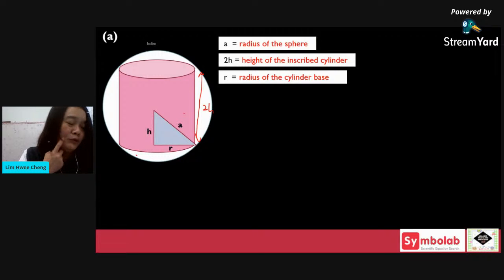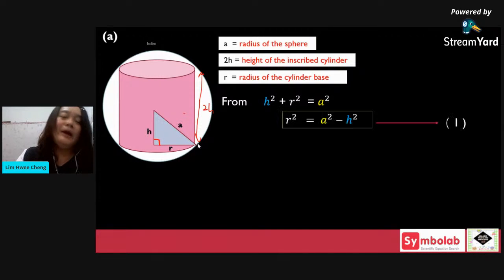So you have to try to convert in only two terms. For these cases, we may use the Pythagoras theorem. Yang ini, segitiga ini: h square plus r square equal to a square. So your r square is equivalent to a square minus h square. So this is the very first equation that you can form.